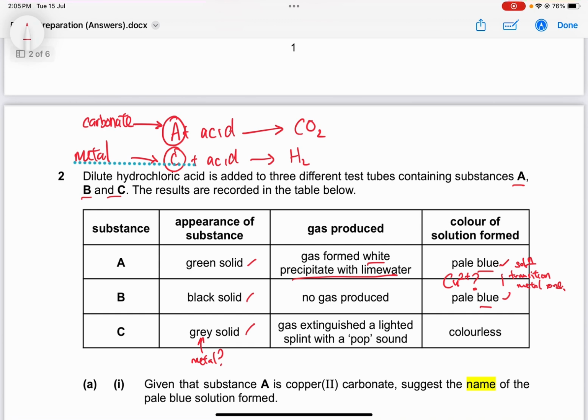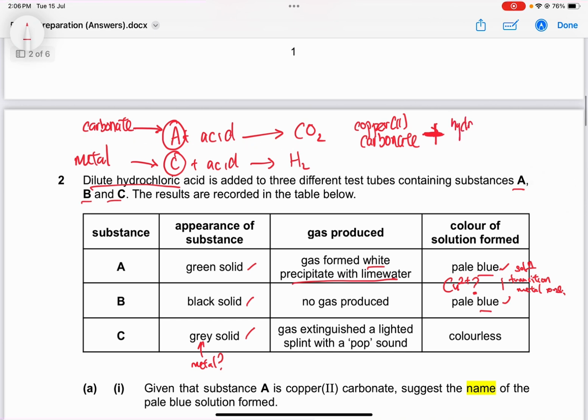Then they say here, given that substance A is copper 2 carbonate, suggest the name of the pale blue solution formed. So if I got copper 2 carbonate, I let it react with hydrochloric acid.